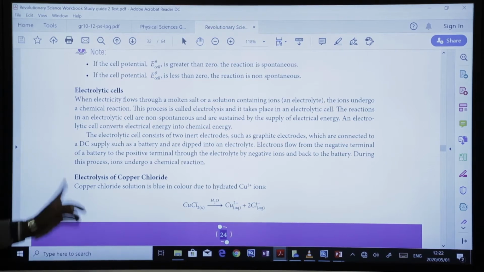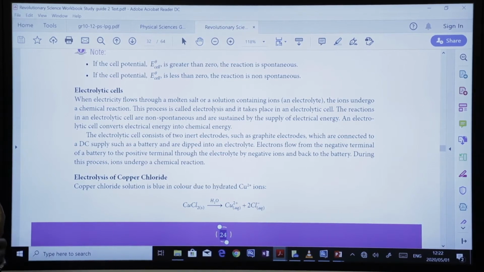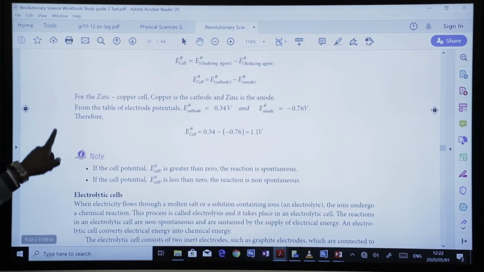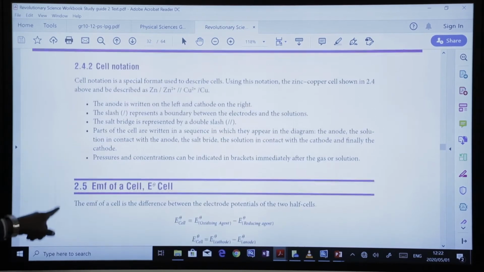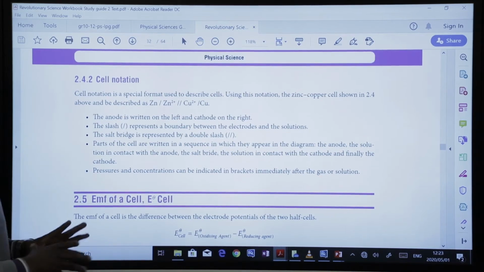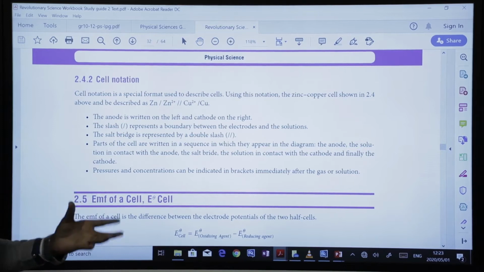This is why it is very important for us to make a clear distinction of what is happening between galvanic cells and electrochemical cells.